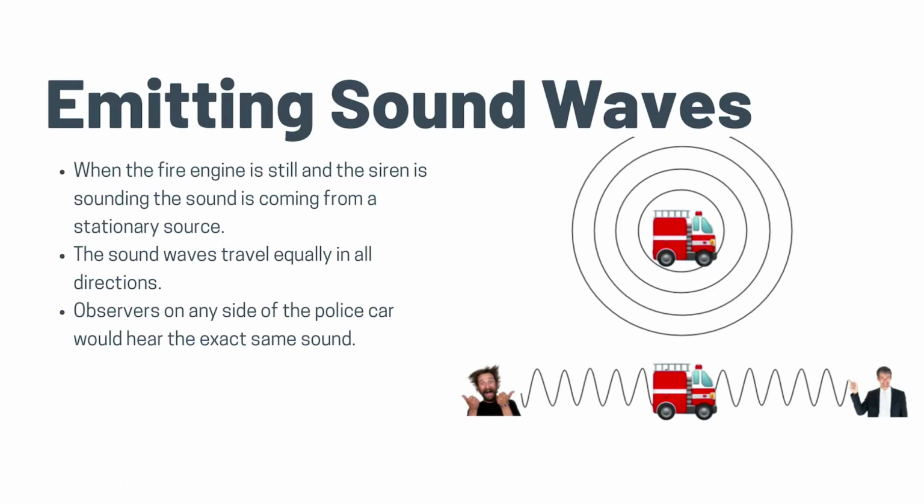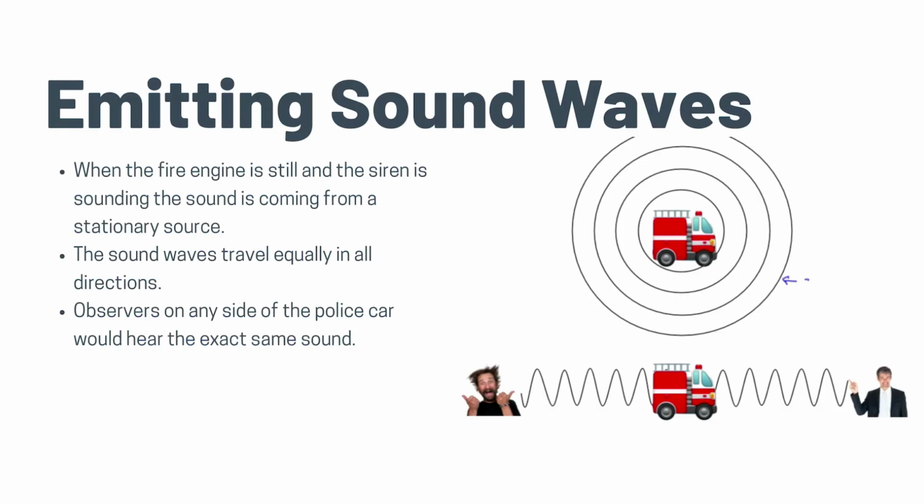So I really only want to, at this stage, think about sound waves. And let's consider a fire engine that is stationary. So if you think about a fire engine that's still and stationary, it emits sound waves in all directions. And you can see I've represented that here with these rings around it.